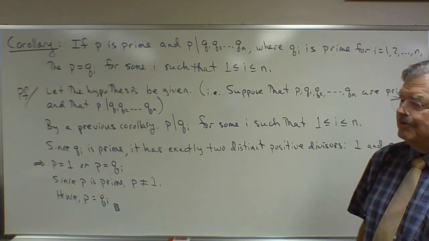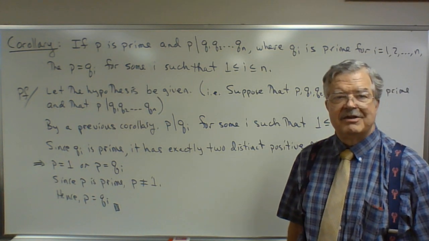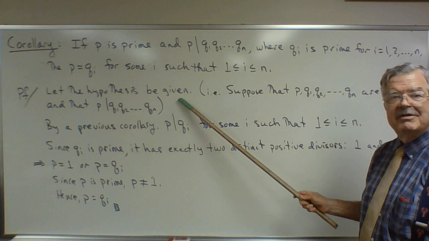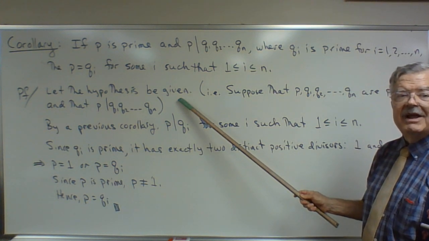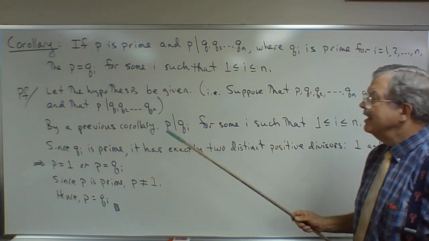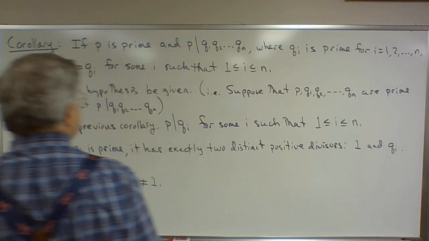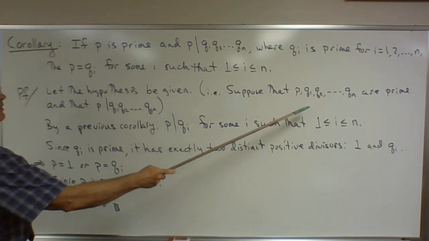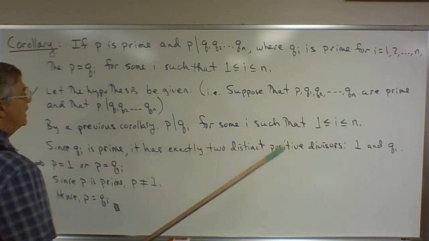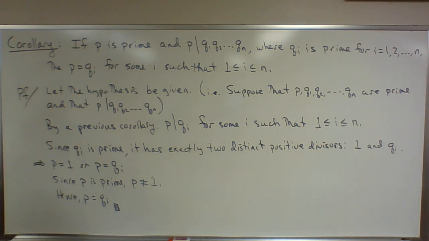As is usually the case, I start off by hitting the chicken switch, and I say, let the hypothesis be given, because when I start out, I usually don't have any idea how the proof is going to go. So let the hypothesis be given. Suppose that P, Q1, Q2, Qn are all prime, and that P divides the product of Q1, Q2, Qn.